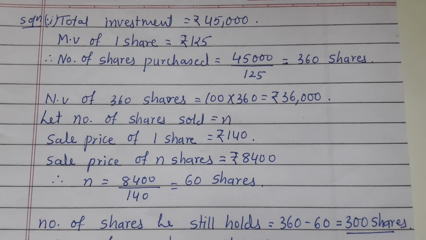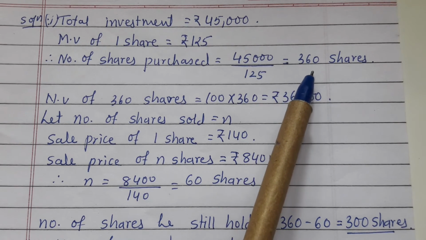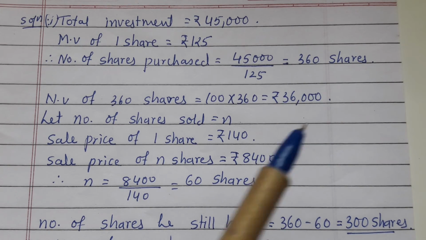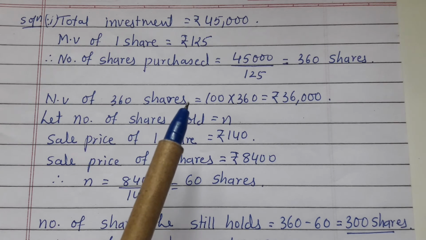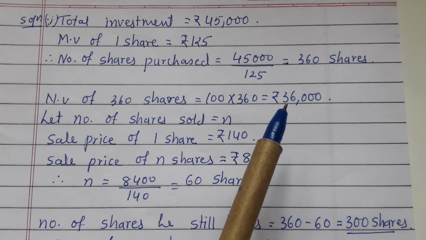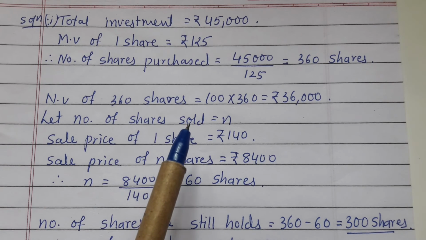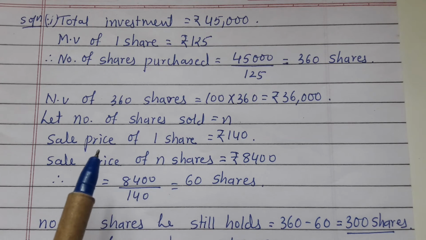Total investment rupees 45,000. MV of 1 share rupees 125. Therefore, number of shares purchased is equal to 45,000 upon 125, equal to 360 shares. NV of 360 shares is equal to 100 into 360, equal to rupees 36,000. Let the number of shares sold be n.